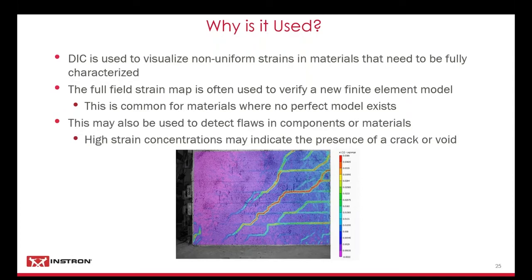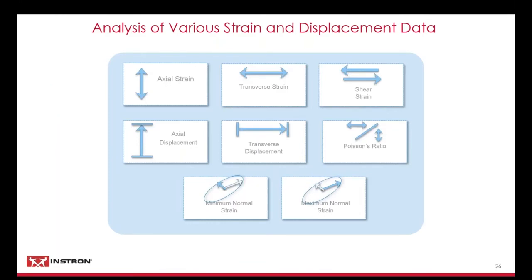We can see high strain concentrations that could indicate the presence of a crack or a void, and that's what we see here in this image. If we know all the strain is occurring at this line, there's a very good chance there's actually a crack there. In addition to axial strain, you can see many other types, whether it's transverse or shear strains, as well as displacements, Poisson's ratio, and of course normal strains as well.